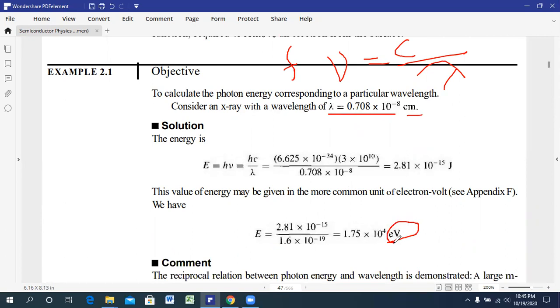Whenever you find the energy equals 2.81 into 10 to the minus 15, if you divide this value by 1.6 into 10 to the power minus 19, that will give you the electron volt unit. Try to solve these and related problems.